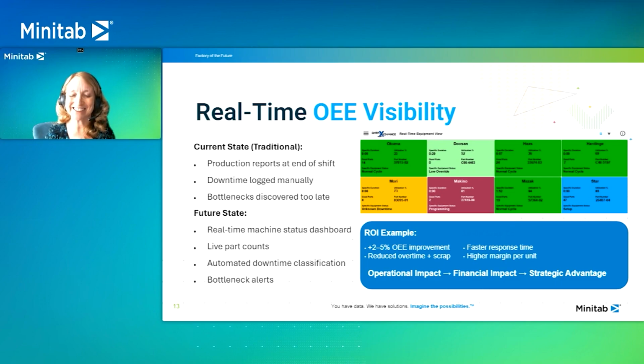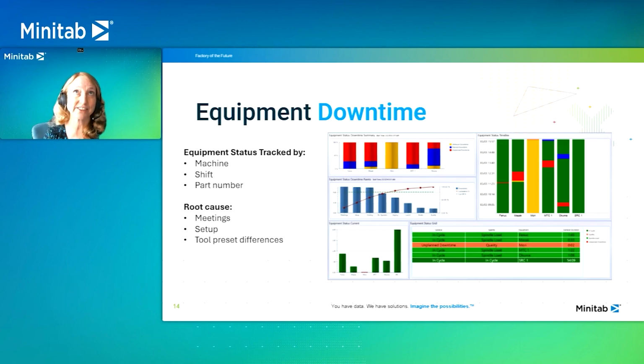And one of the things that's really exciting with the acquisition of Minitab DataXchange is they collect the data for us. They've got the dashboards to look at your equipment downtime, look at your flow, all of that. But we've got the analytics now in Minitab that you can feed that information into our more sophisticated analytical solutions.